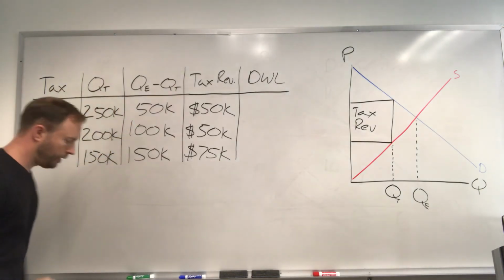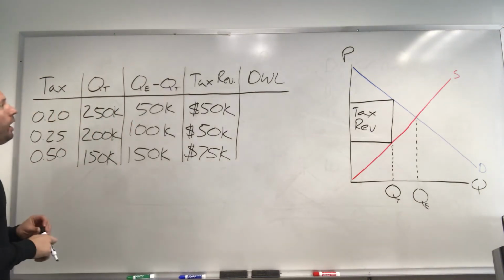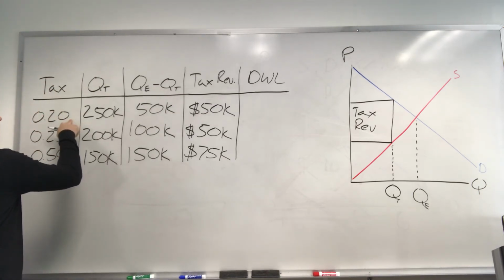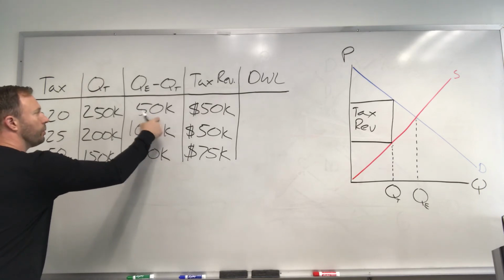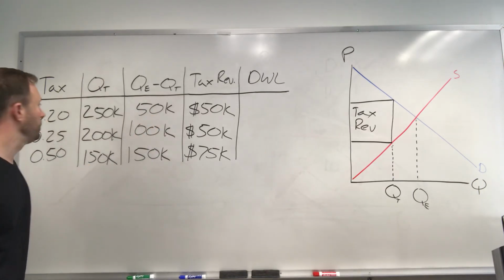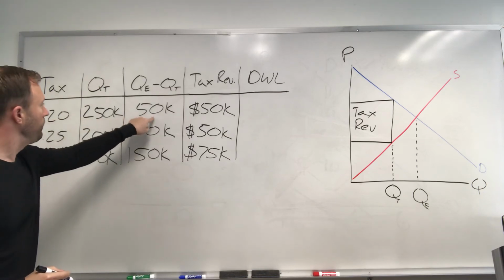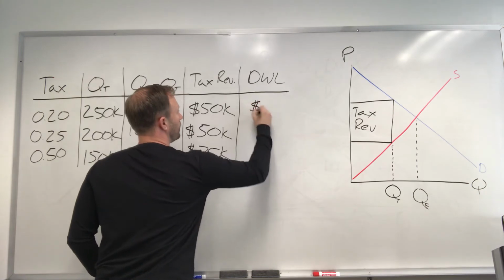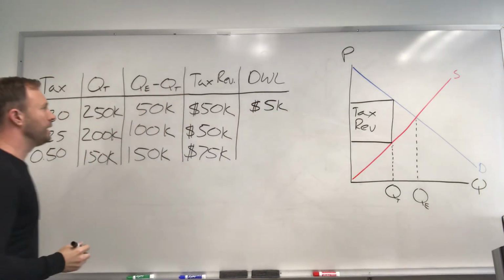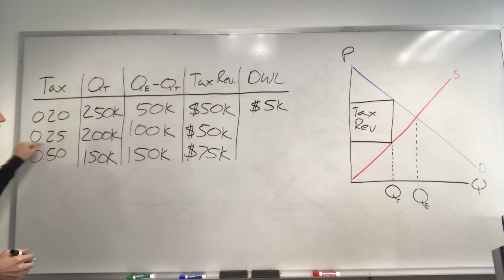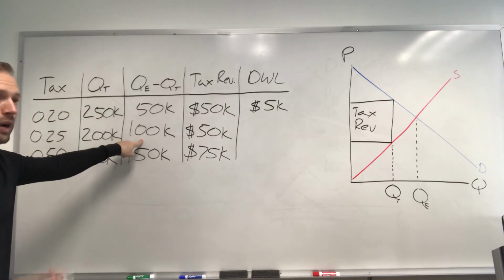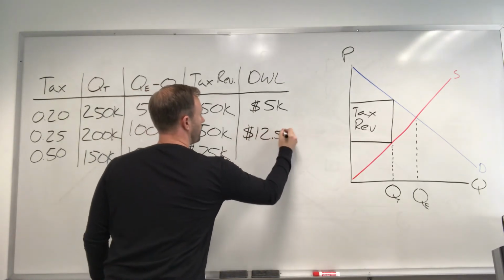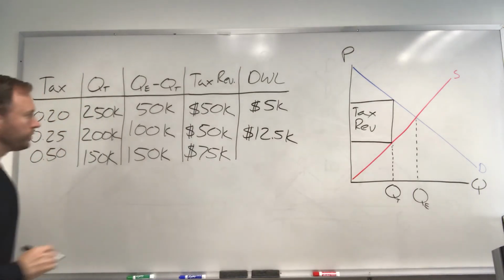Okay. All right, now the deadweight loss is going to be this number, the tax, times this number, the reductions in trades, divided by 2. 20 cents times 50,000 is 10,000, divided by 2 gives us $5,000 in deadweight loss. 25 cents times 100,000 units is 25,000, divided by 2 gives us $12,500 in deadweight loss.